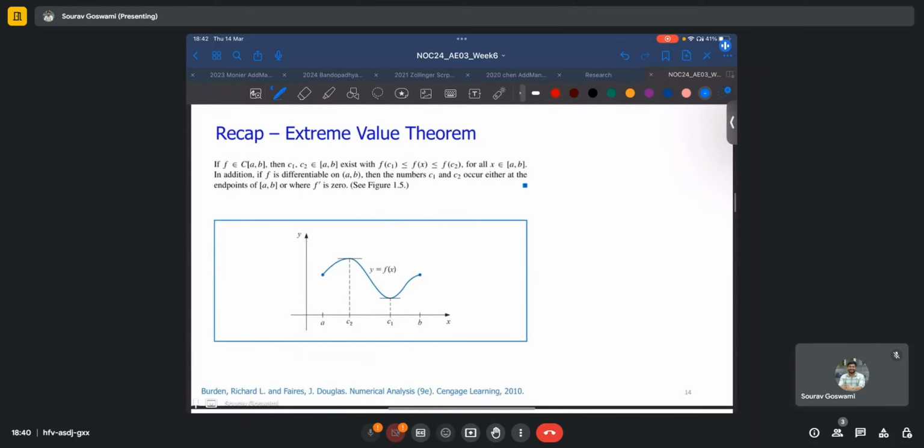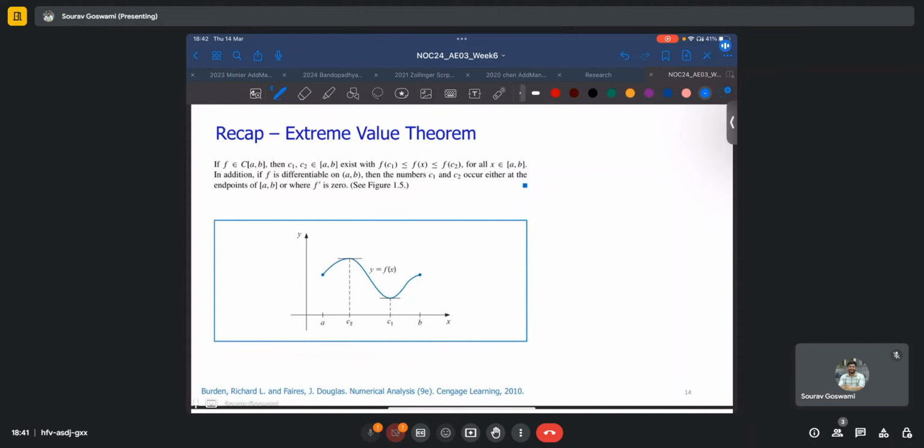If we have a mean value theorem, of course, we'll have an extreme value theorem, which says that if a function is continuous on closed [a, b], then there exist two points, c1 and c2, in [a, b] with f(c1) less than or equal to f(x), less than or equal to f(c2), for all x belonging to the closed interval [a, b].